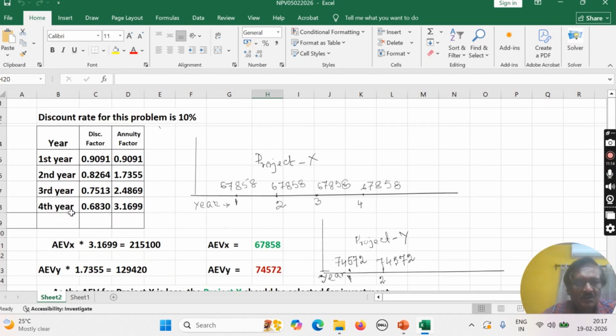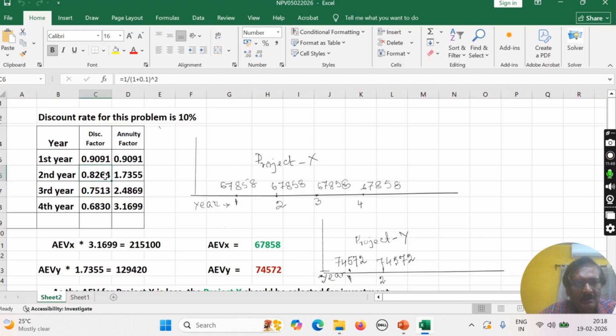Now, first of all, the discount rate in this problem is given as 10%. Annuity factor means you have to calculate in this way: first year, second year, third year, fourth year. I am showing the given problem. After 1 year at 10%, the present value factor will be 0.9091. That is the annuity factor. And after the second year the discount factor will be this.